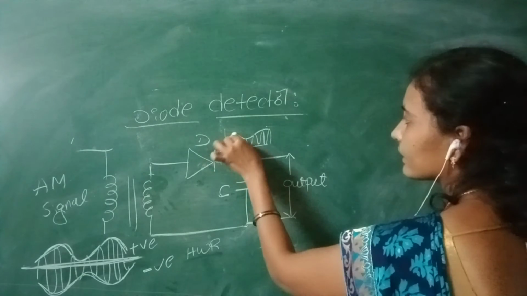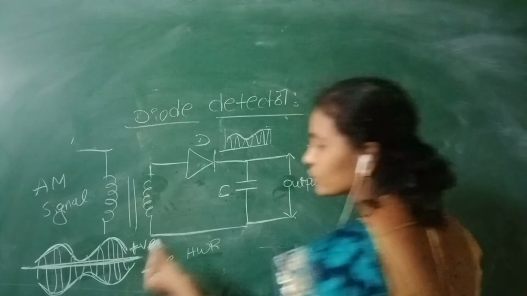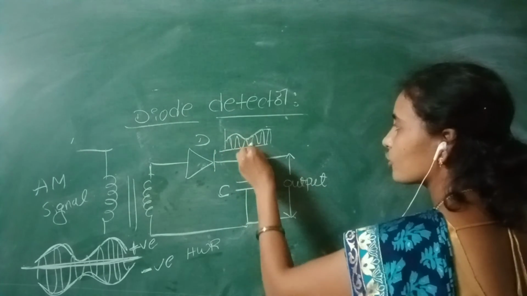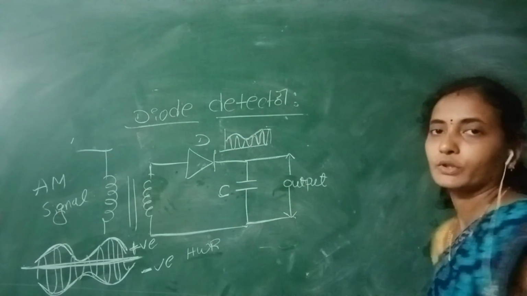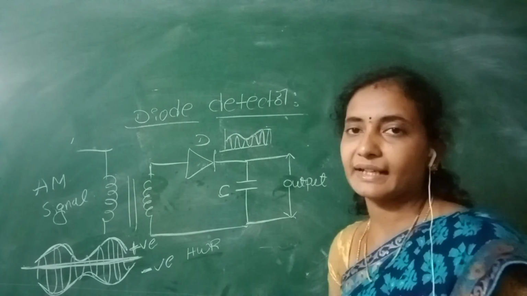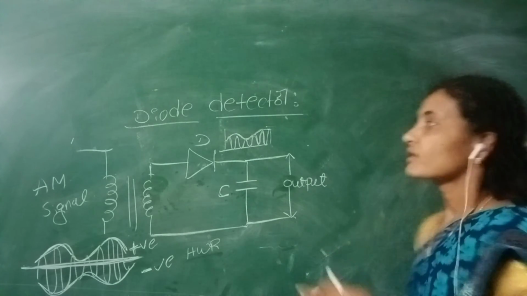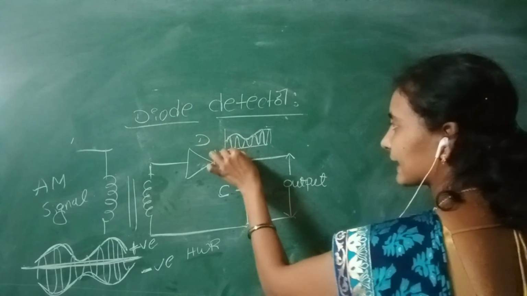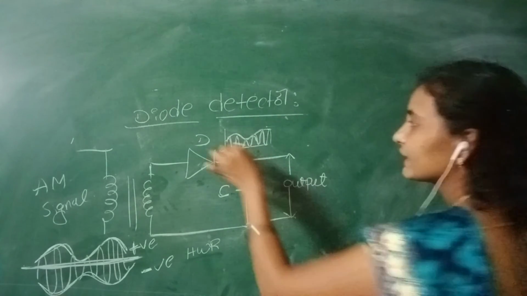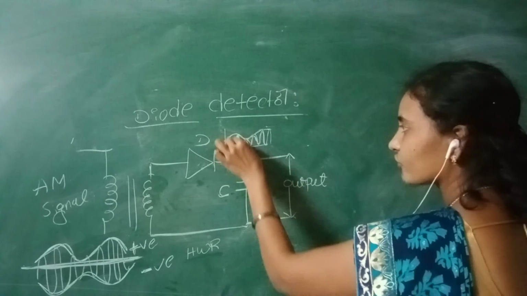Here we separate the positive side and the negative side, but the carrier signal is also present in the diode output. Our aim is, by using the diode detector, to separate the message signal from the AM signal. So we have to remove the carrier from the diode output. This is the unwanted signal.